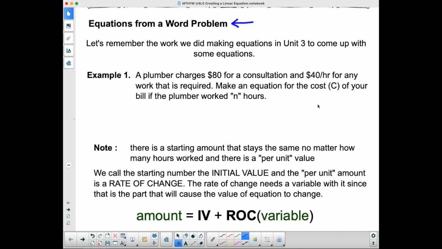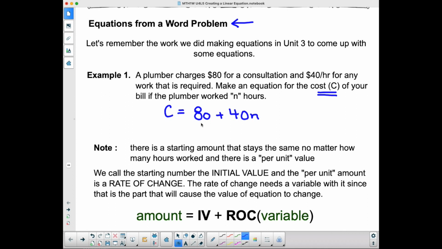Now, in Unit 3, we would have just said, okay, we start with $80 and we have to add $40, and then you guys would tell me that we have to add an N on there because we don't know how many hours we worked. And this is a perfectly good equation for Unit 3. But now we have to add in the second variable here. We have to say that this is an equation for cost.